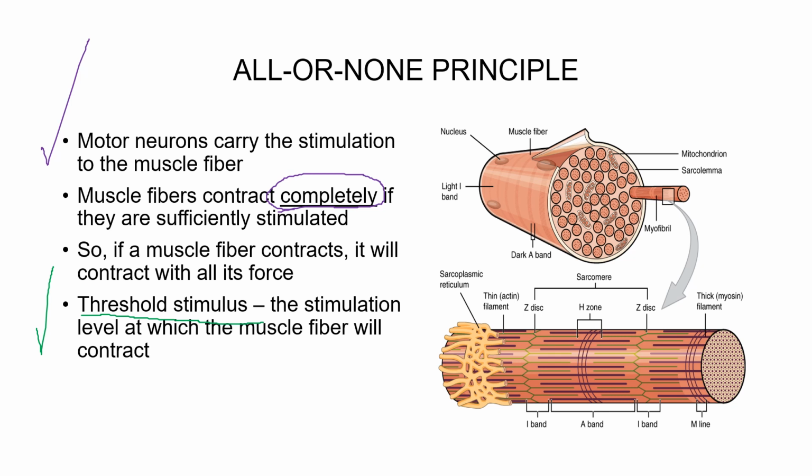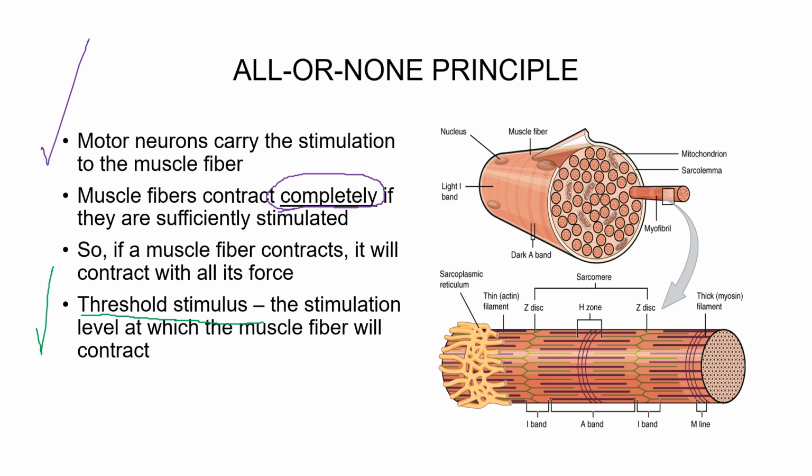Now, going back to this all or none principle, it says when the muscle fibers contract, they will contract completely, 100% all force, all or nothing. There's no half contraction. But remember, there are thousands of muscle cells in one muscle. So if I'm picking up a pencil, yes, any muscle cells that I use are going to go pedal to the metal 100%, and they're going to contract as strongly as they can.